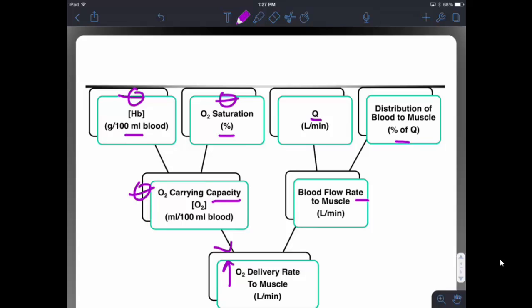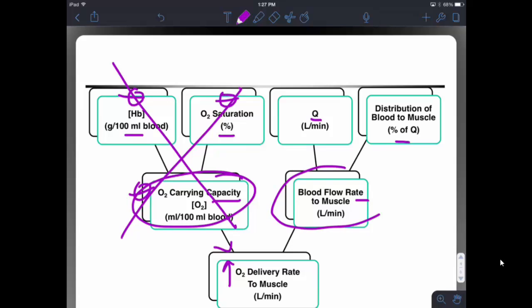So basically what we're saying is that delivery rate increases with training, not because we're carrying more oxygen, because that's already optimal before we even train. So if oxygen delivery rate is increasing with training and the oxygen carrying capacity is not, it must be because the blood flow rate is increased after training.